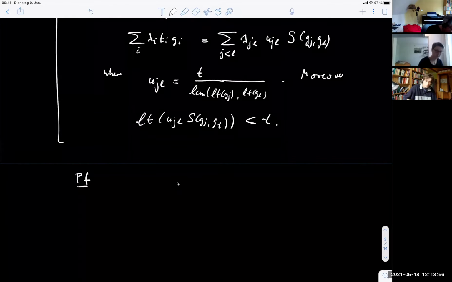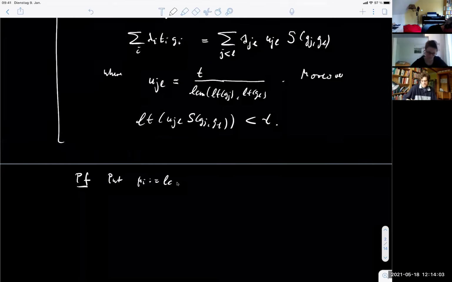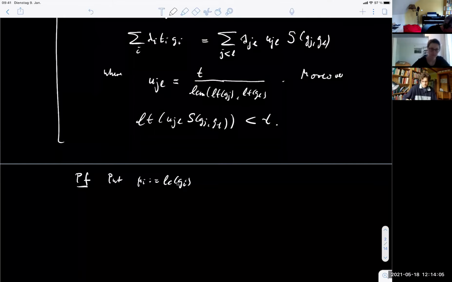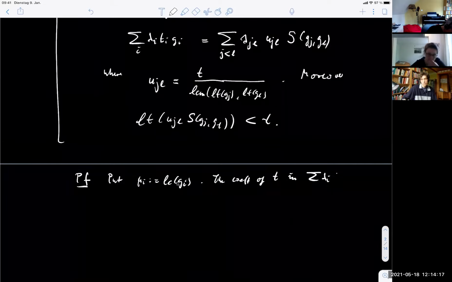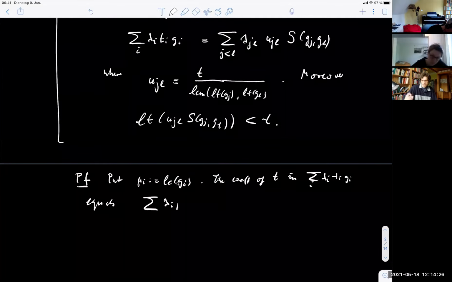So let's prove it. Some notation. Let's say mu I is the leading coefficient of G I. Then I can say the coefficient of T in this linear combination that we are studying equals this, namely lambda I mu I. And this is 0 by assumption.